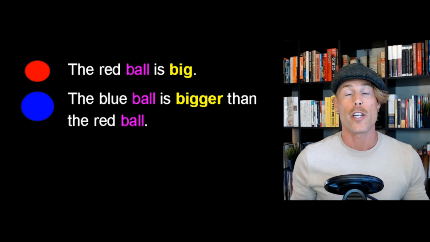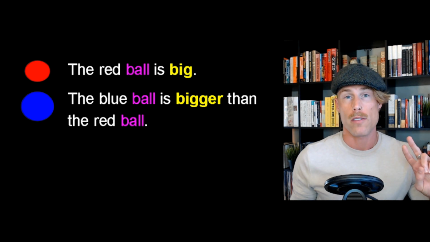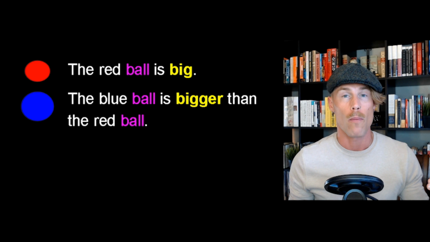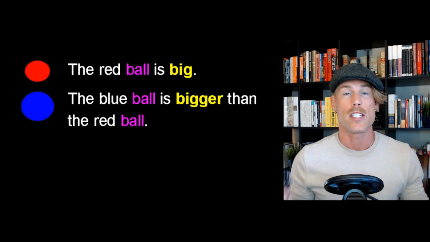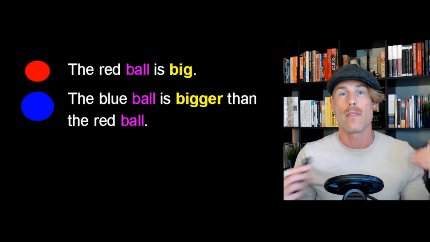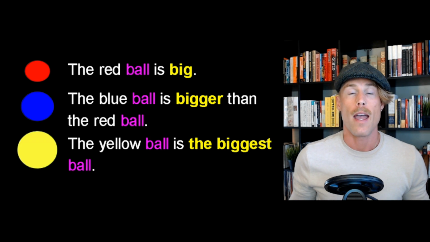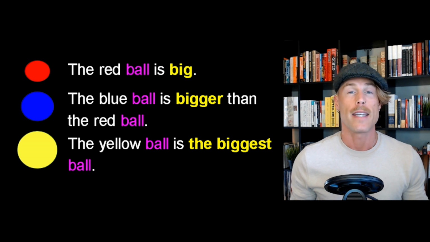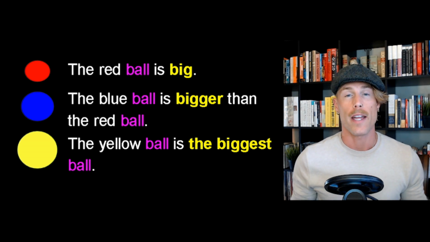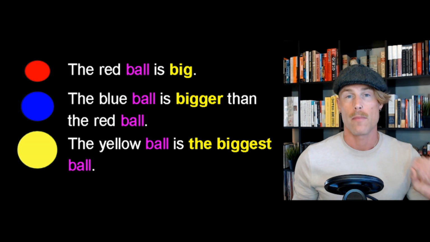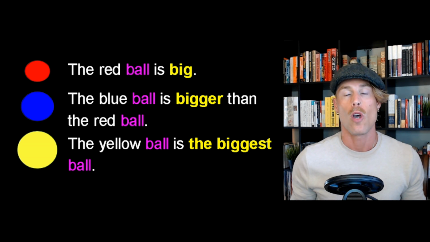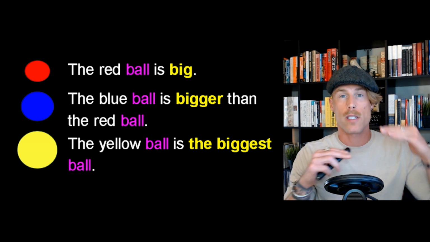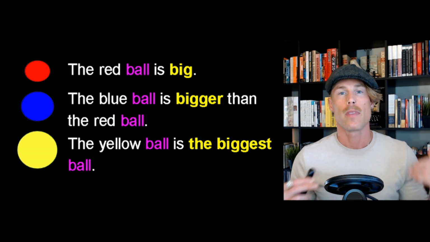Okay, we are comparing two balls, the red ball and the blue ball. One of them is bigger, the blue ball. And last, the yellow ball is the biggest ball. Now we are comparing more than two, 3 balls. One of them is the biggest, the yellow ball.